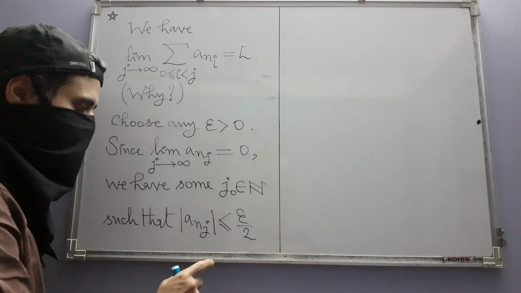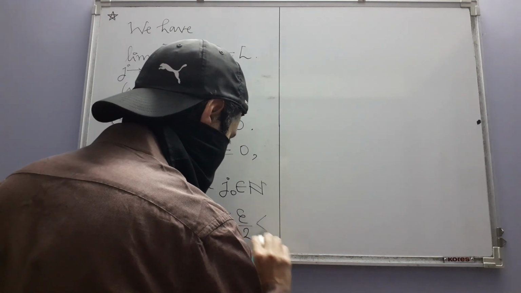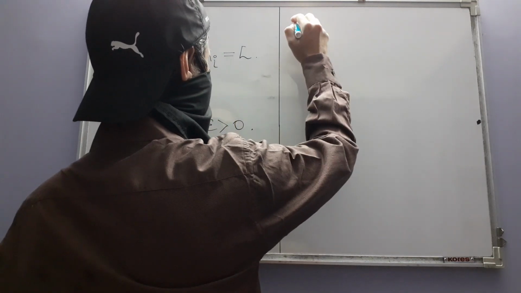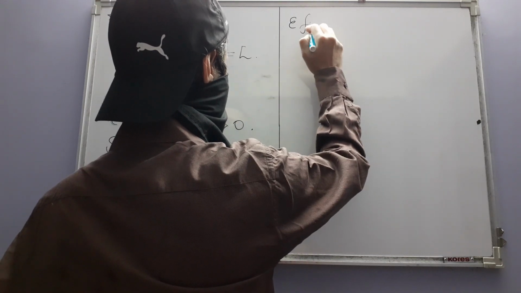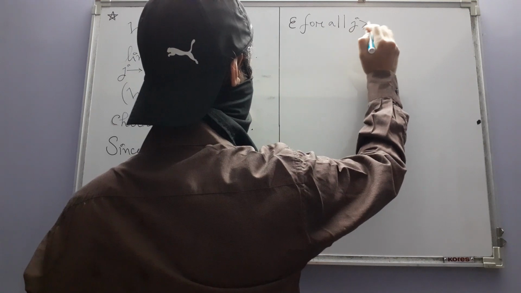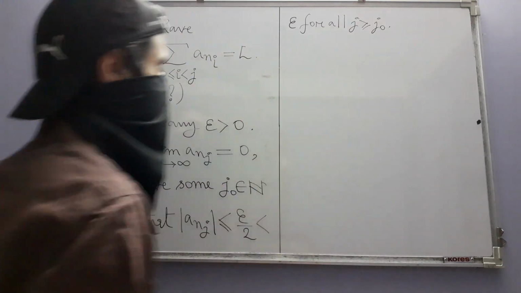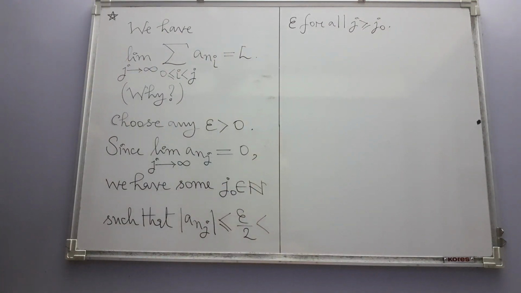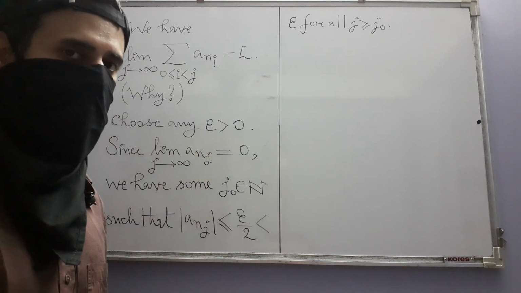But in this statement, let us also include the fact that this epsilon over 2 is less than epsilon. Okay, so this is something we directly get from this limit.